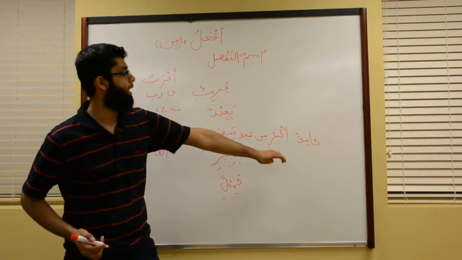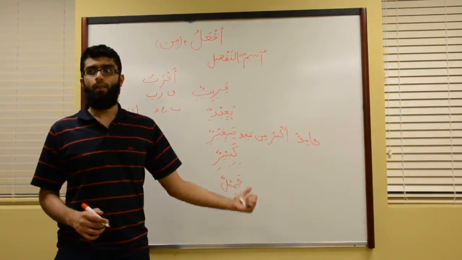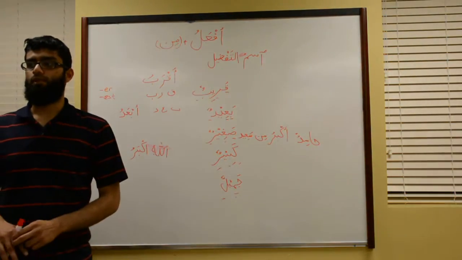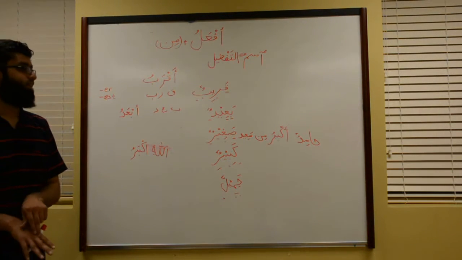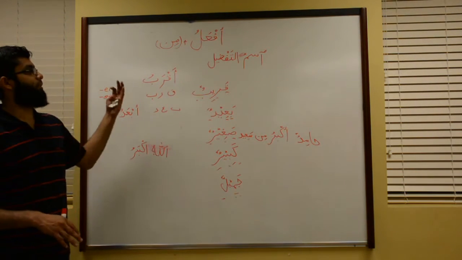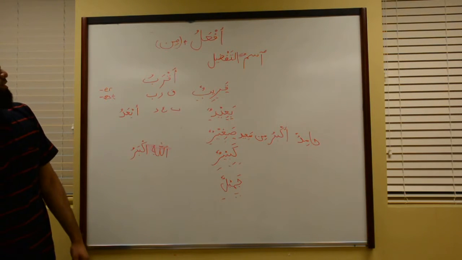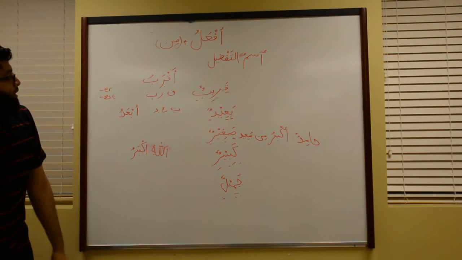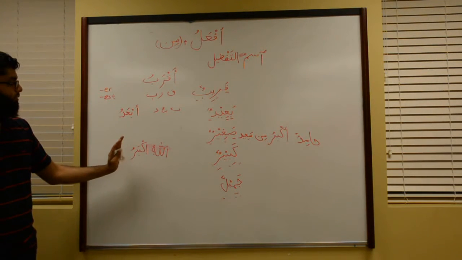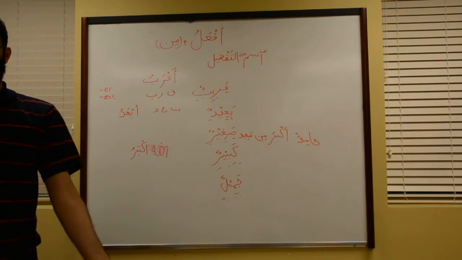So I'm comparing Hamid and Sa'id, and I'm saying Hamid is bigger than Sa'id. And it's interesting to know that it's min and not men. Prepositions can have different meanings in different sentences. So in this case, it doesn't mean from, it means than, okay? But if I just leave it, if I say full stop, Allahu Akbar, Allah is the greatest, okay?